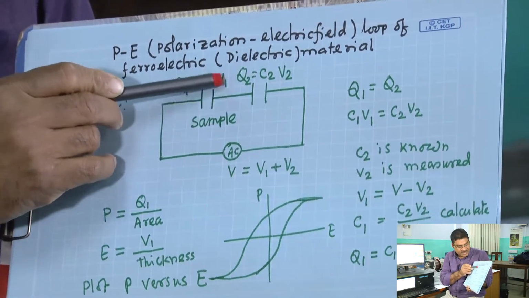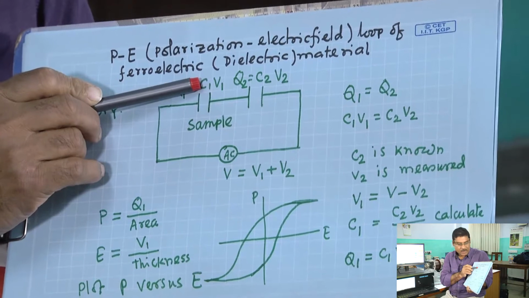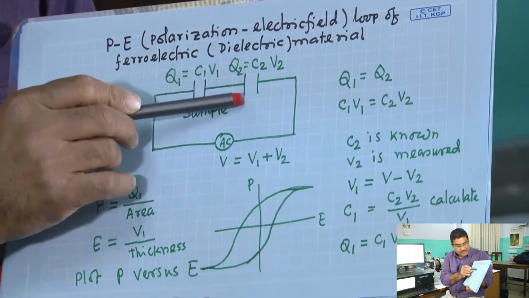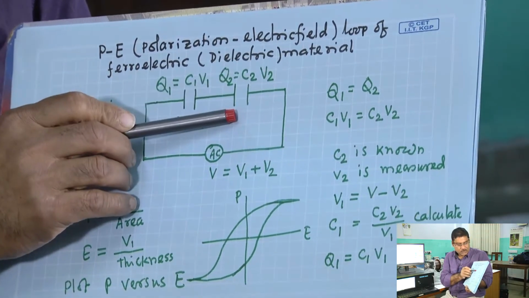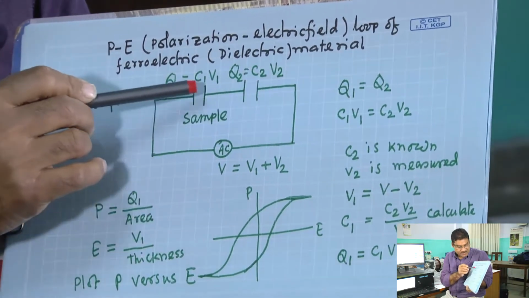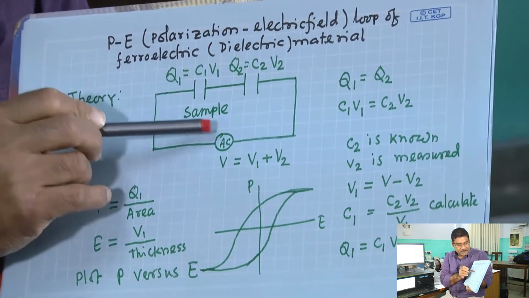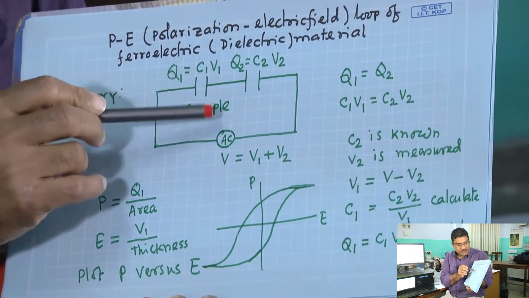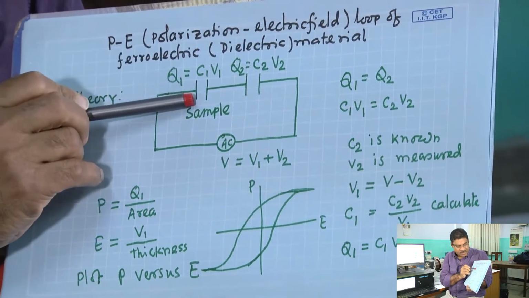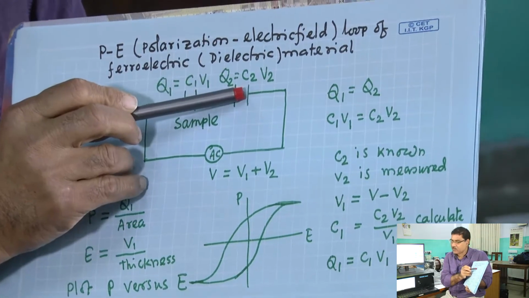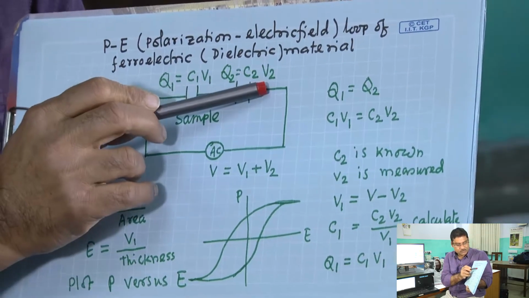With the sample, the capacitance of this capacitor is C1, and the second capacitor is a known capacitor, C2, connected in series with our sample capacitor. The charge stored in capacitor 1 is Q1 and in capacitor 2 is Q2, with corresponding voltage drops V1 and V2.